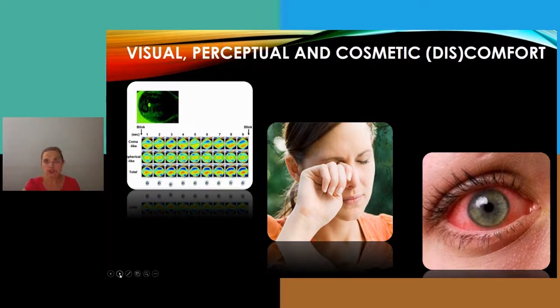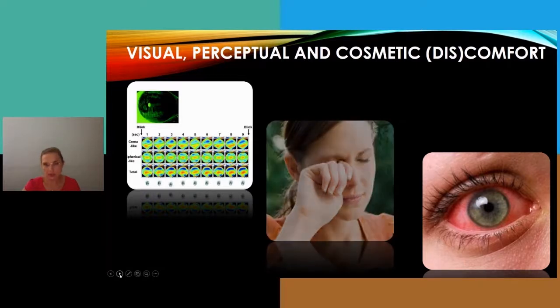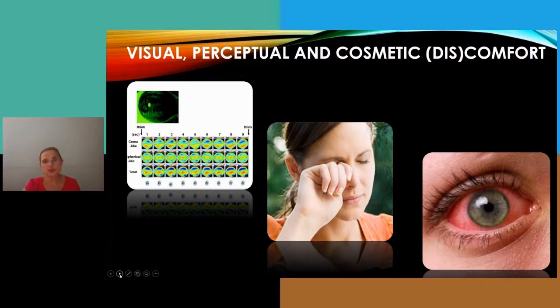And if we have tear film disturbances or corneal disturbances, we definitely have problems with visual comfort. And this visual comfort may be associated with a variety of different symptoms, but most of them are associated with micro aberrations.